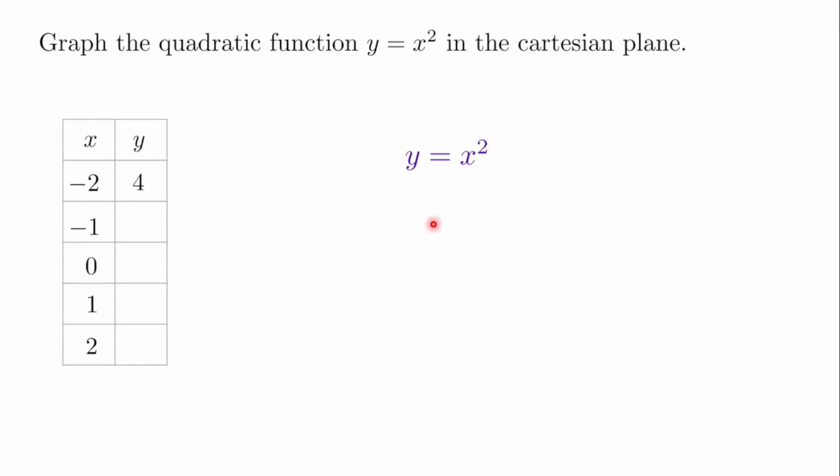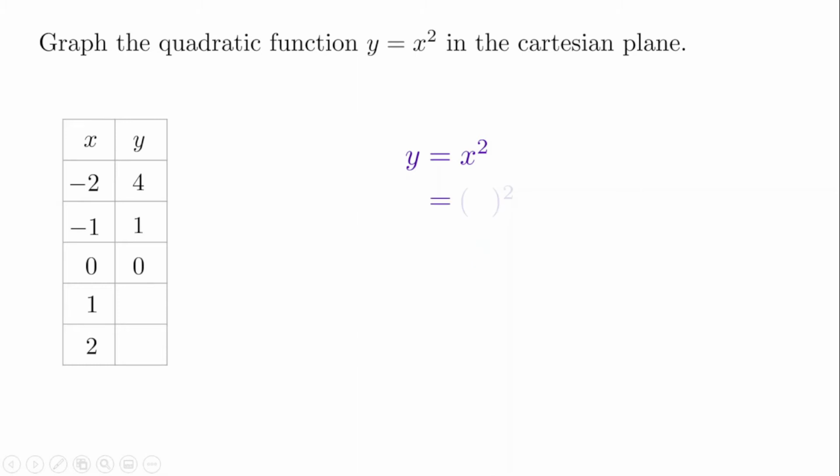Next, palitan naman natin yung x ng negative 1. So we have negative 1 squared, that is equal to 1. So y equals 1, ilagay sa table. Kung yung x naman ay 0, so we have 0 squared, that is equal to 0, and ilagay sa table yung value ng y.